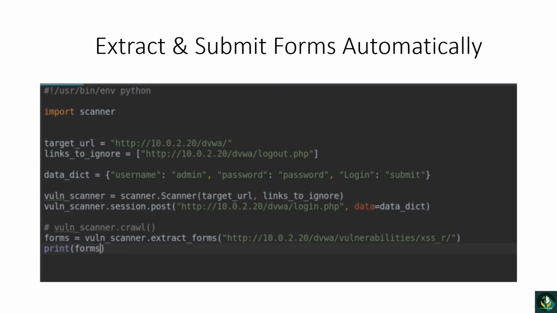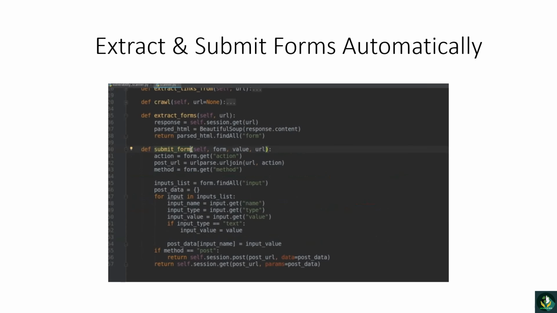Now this should be called submit form. So as you can see, this is the submit form. First let's try to extract this form from this web page. So just copy it into the program.